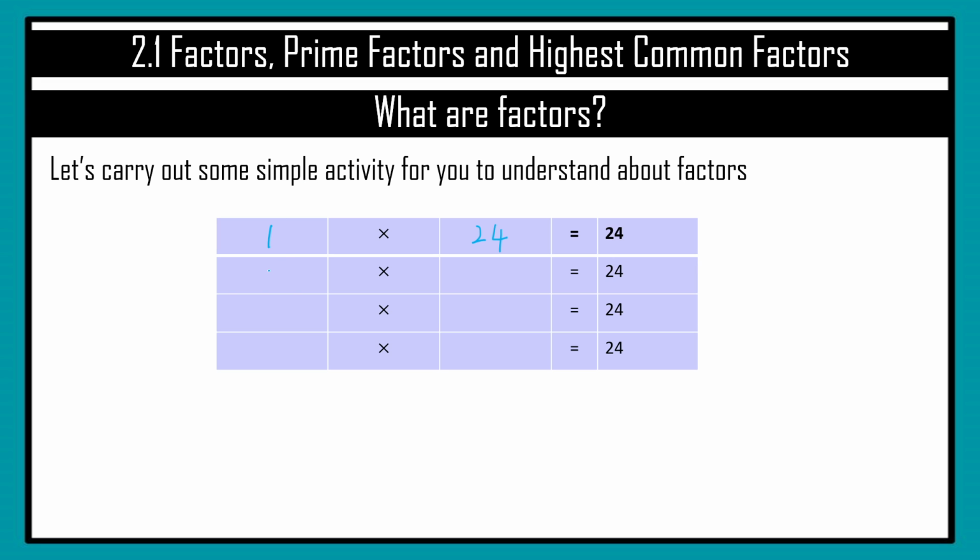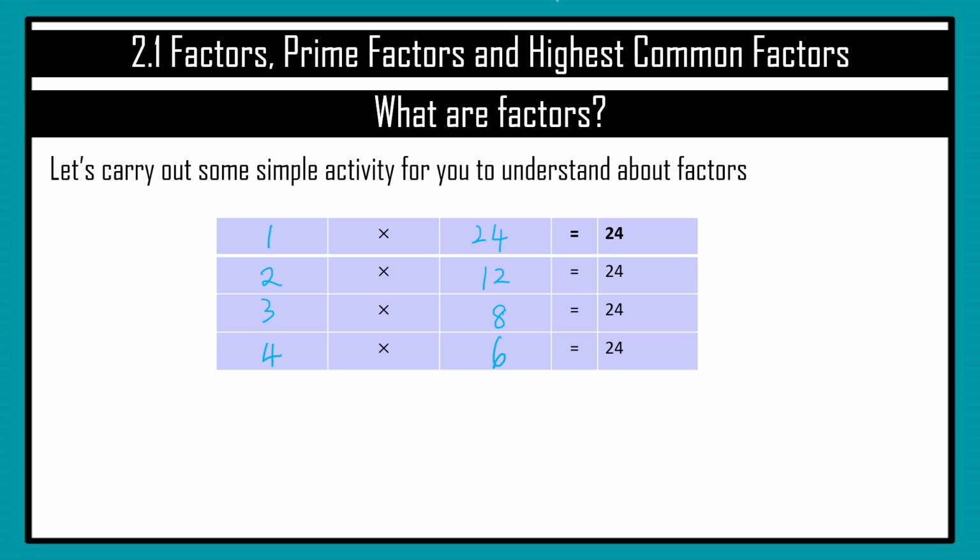The next one is 2 and 2 multiplied by 12 gives 24, as well as 3 multiplied by 8, which gives 24, and one more is 4 multiplied by 6, which gives 24.